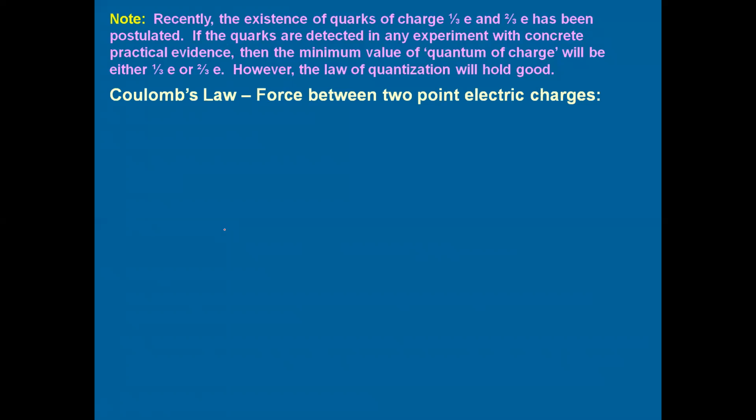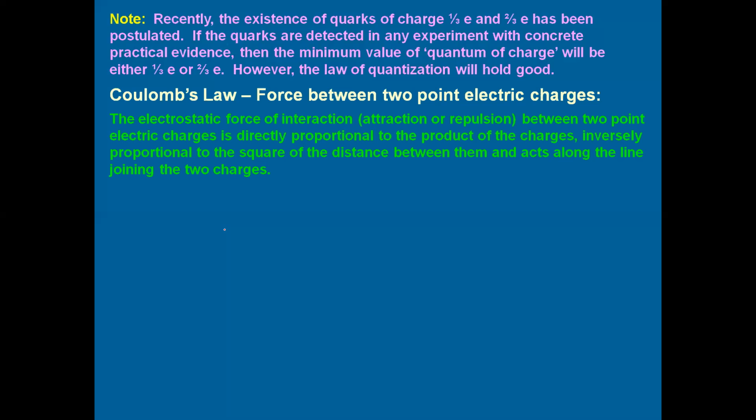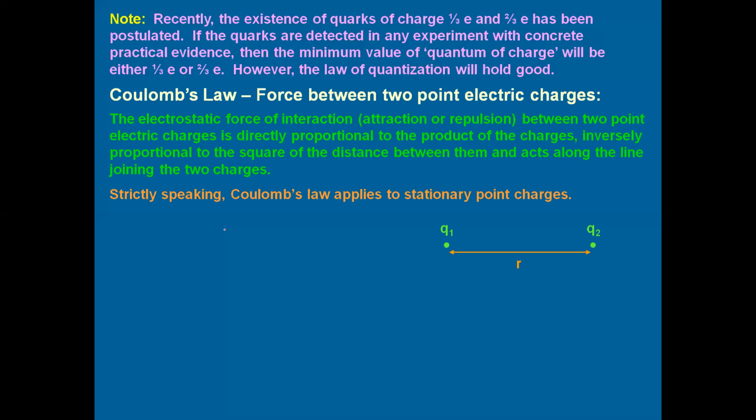The next topic of ours is Coulomb's law, which is one of the very fundamental laws in electrostatics, which regulates the force between 2-point electric charges. Let us consider 2-point charges, say Q1 and Q2, which are located at a distance r from each other.